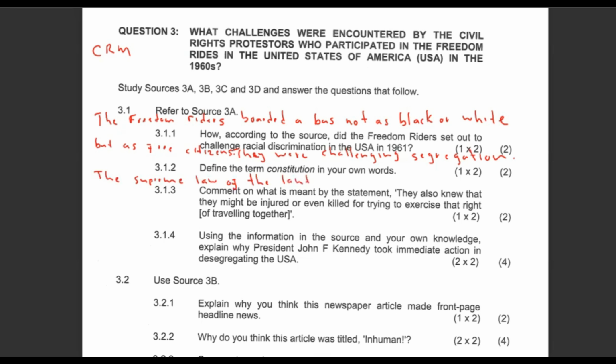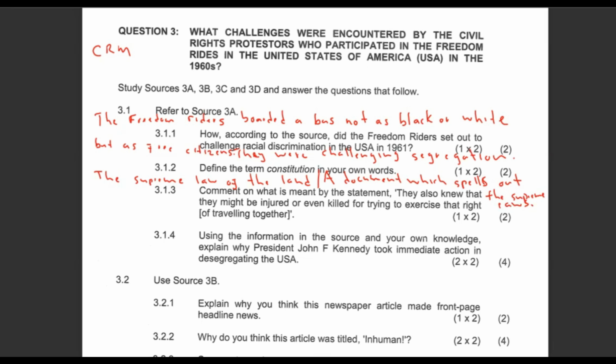The Constitution is the supreme law of the land, or you can say it is a document which spells out the supreme laws. That is the document on which all the other laws are based.